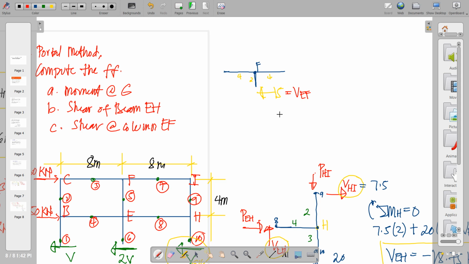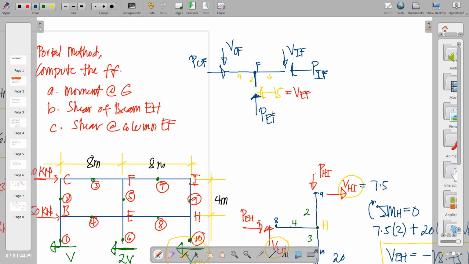And to complete the label of this portal, there shall also be axial force on EF, and then axial force on FI or IF, as well as its shear at IF, axial force along CF, and shear force along CF.